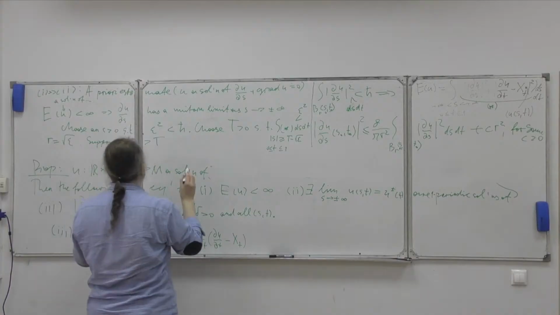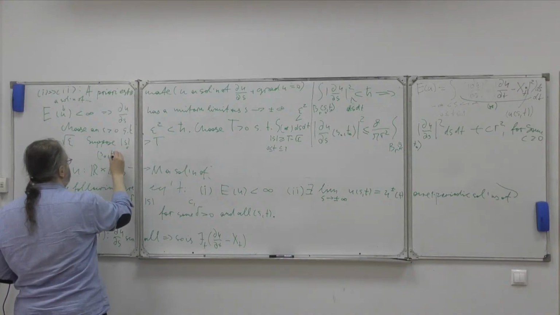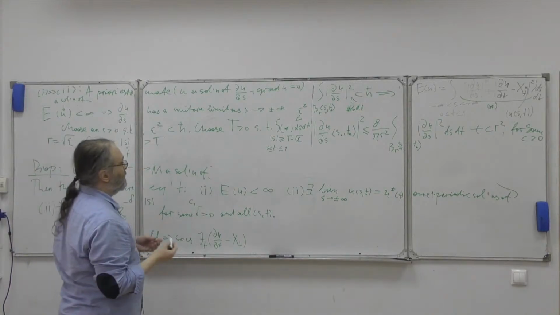Okay, I choose S naught T naught such that S naught is sufficiently large.